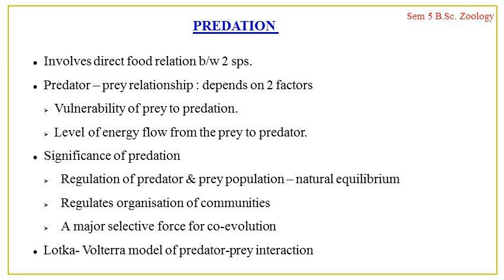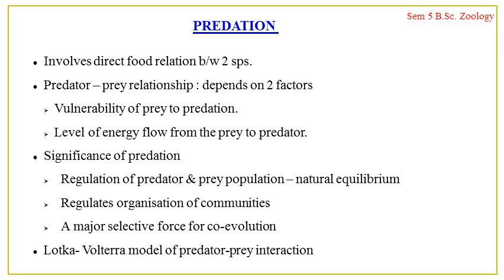Those prey populations which develop adaptive features to escape from predation will survive. These kinds of specializations help in increasing the survival value, and also help in promoting evolutionary potential. So to some extent we can say that predator and prey can evolve together, so it is a co-evolution, right?